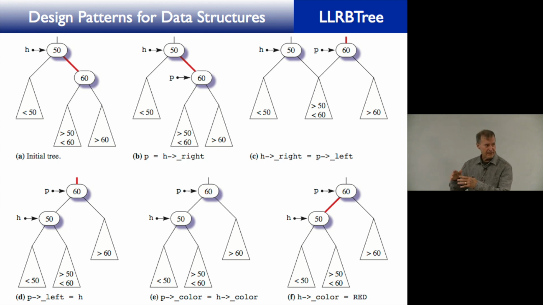Notice that no nodes are cut, there's no new, there's no delete, and there's no copying of any data. I'm just saying 50 was the head at the beginning, and now 60 is the head. Yeah, but it has to be. The post condition is that P points to the rotated one.